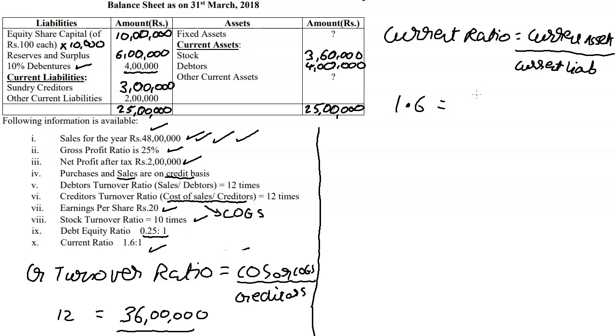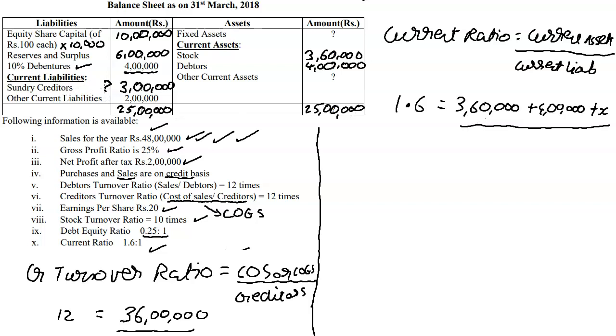1.6 is equal to the current assets, and I do not know all of them. I know that it is these three, everything under this heading. They've made it easy for us. So it is going to be 3,60,000 plus 4 lakhs plus x, and I know everybody in the denominator.